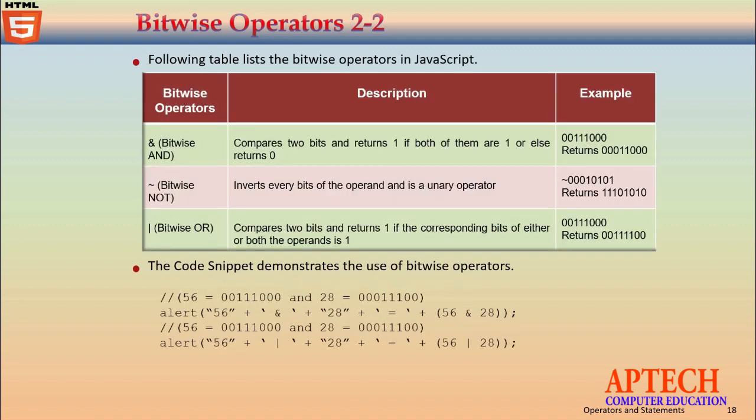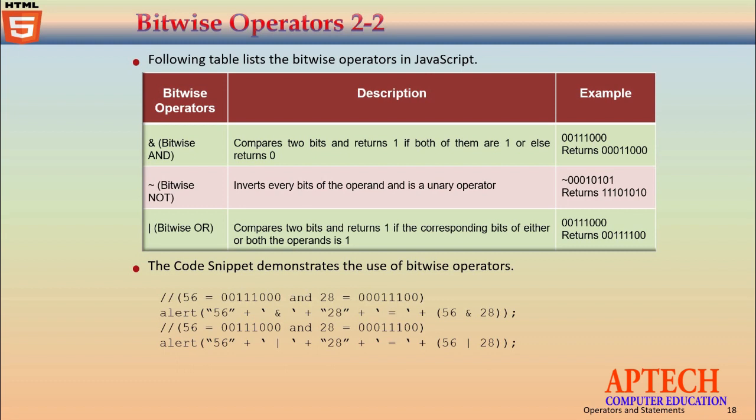So that is, let's say AND. It will just compare the bits of both the values. For example, let's say 56 and 28. If we use AND, it will compare the bits of both. As you know, AND means both should be true. OR means either should be true, and NOT means none of them should be true.